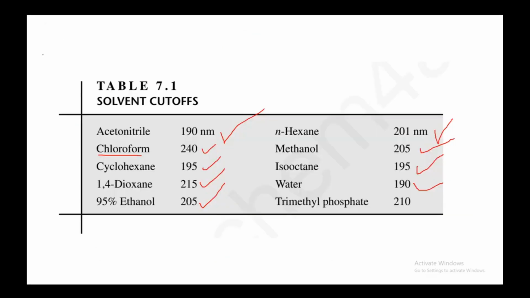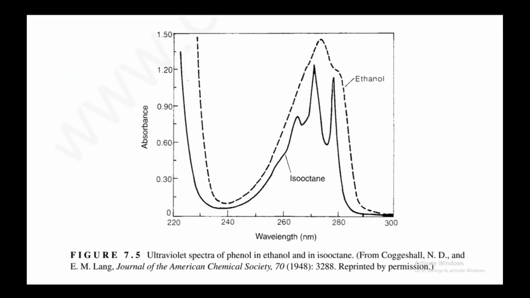So we discussed in table 7.1 the solvent cutoff points for different solvents. Here is figure 7.5, and this shows you ethanol and isooctane, the two solvents, and the ultraviolet spectrum of phenol in ethanol and in isooctane.